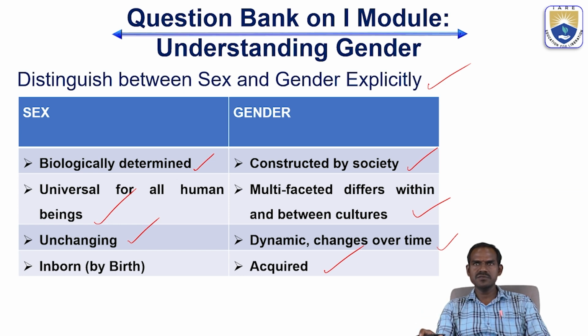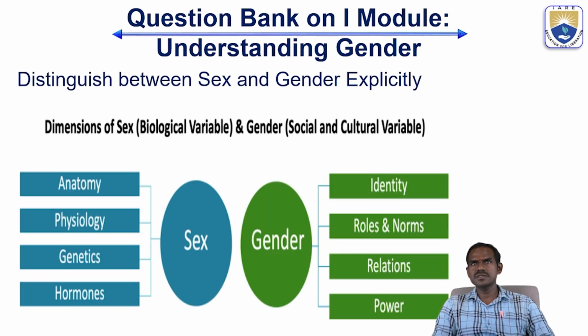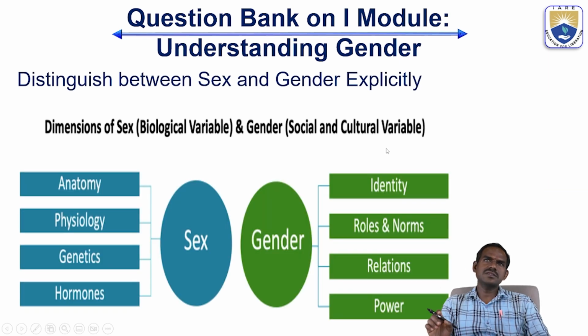You have to acquire the gender, because it is defined as an economic, political, social and cultural variable. So you can explain more explicitly such dimensions of sex.